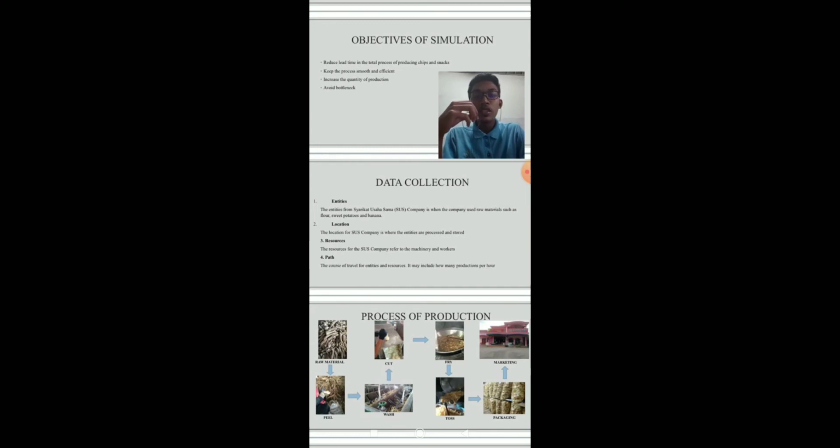By switching the manpower to machinery, it will help to produce more product on a bigger scale and consume less time. It also can fulfill the demand from local and international.